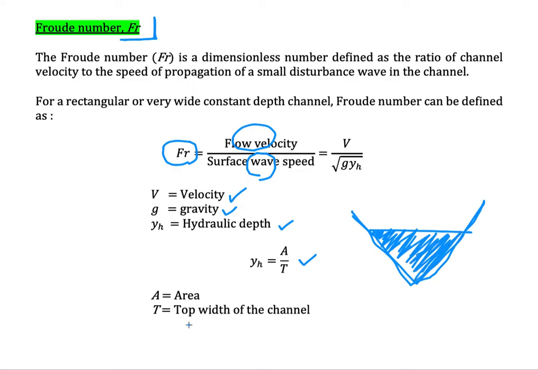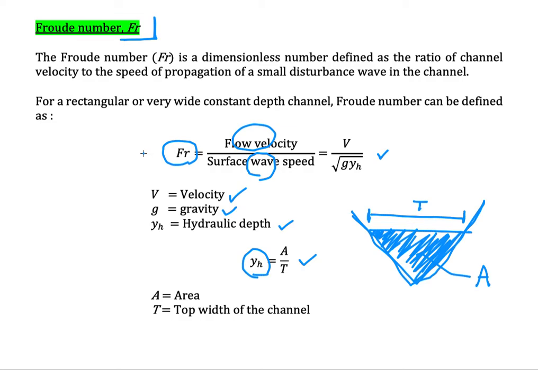And then you need to calculate the top width of the channel. So this is the top width, the T of the channel, and this is the A. Then if you divide A over T, you will get the hydraulic depth Y_H, and then you can substitute into the equation to get the Froude number.